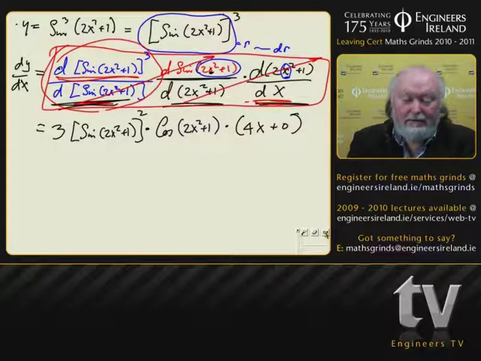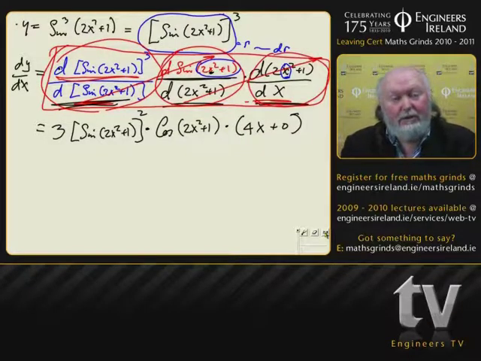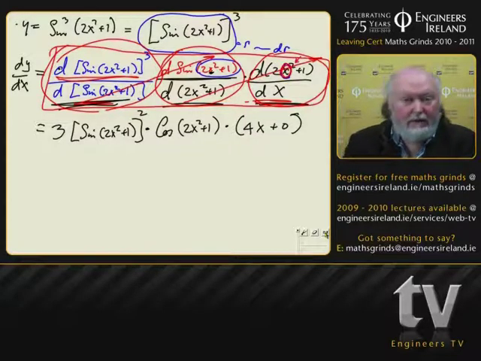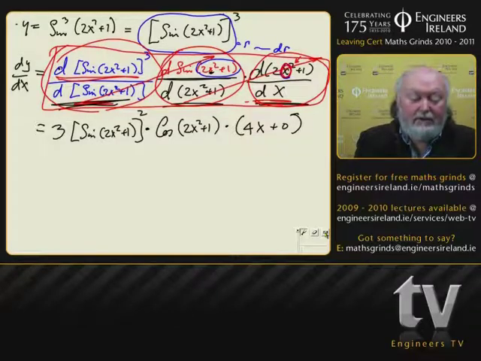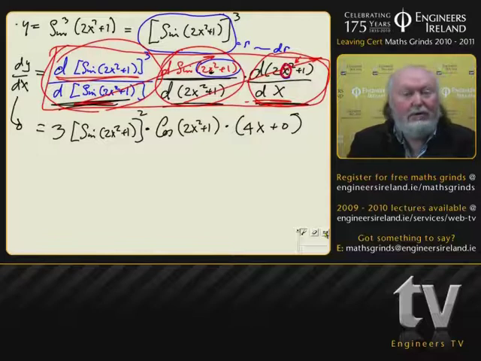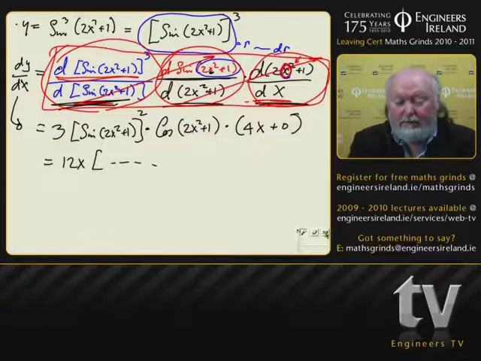Outside layer, next layer, next layer, and you must keep going until you get to a point where the x is just buried one layer in, in this case inside a square. You could have gone straight from that to here once you understand the principle. So you'll get 12x outside of all the rest of the stuff.